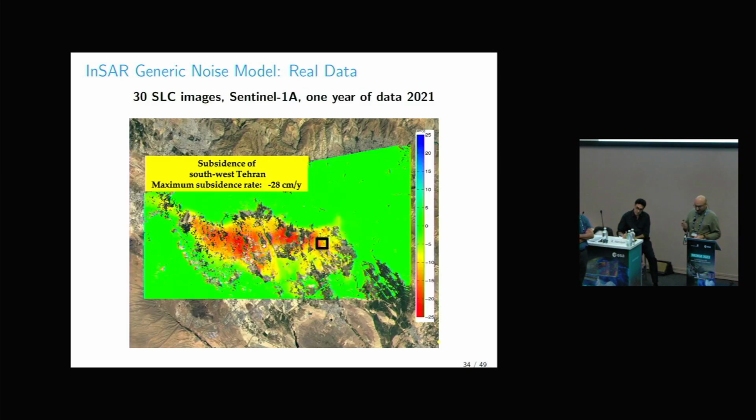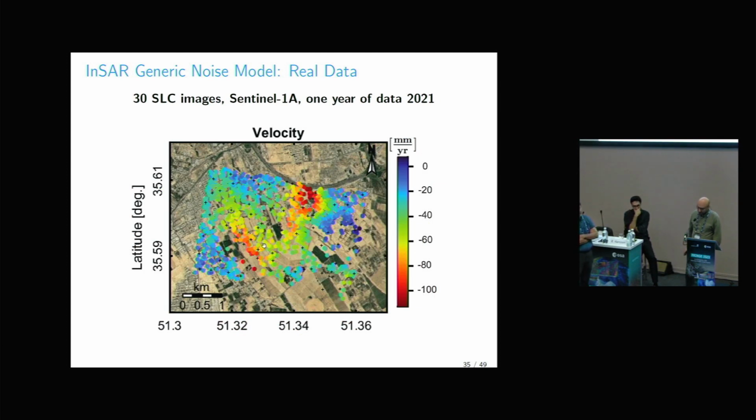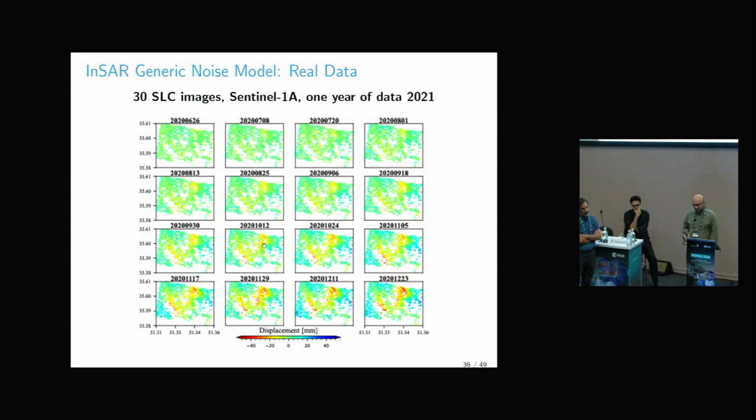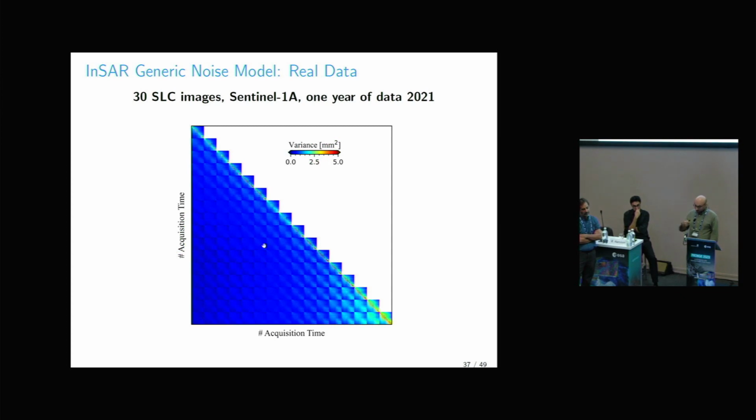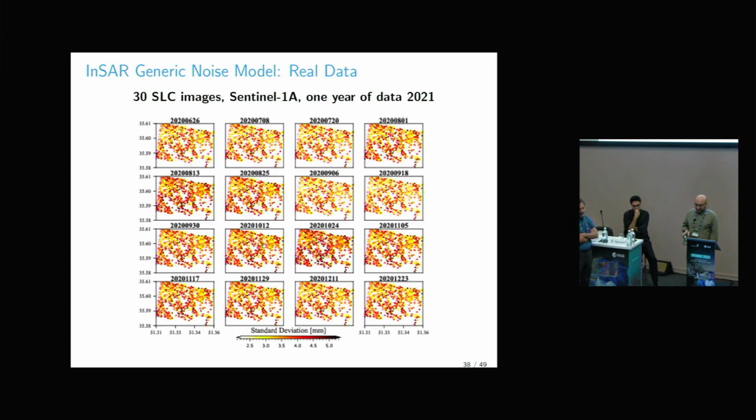One demonstration of real data: I'm going to Tehran. It's south of Tehran, a large deforming area, maximum 28 centimeters per year. I'm focusing on a small area here. I want to show you how the variance-covariance matrix looks for this data. This is data every 6 months, but for this data we can now create the full covariance matrix based on this error propagation and get the error bars, or standard deviation, of the cumulative deformations.